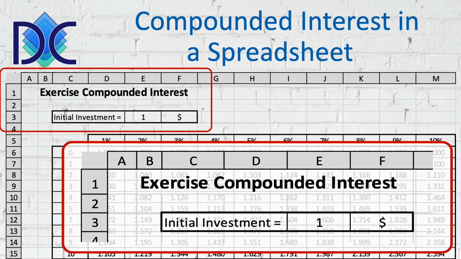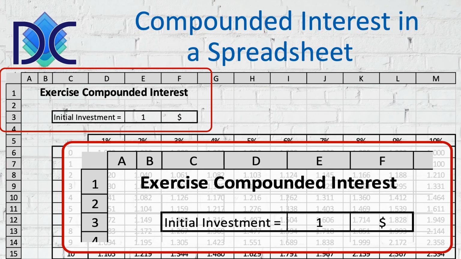So on line 3, column D, I find the name of the principal. It's not being used, it's just the indication. In E3, I have the value of the principal, and in F3, I have the currency. I can change that, of course, in dollar, euro, whatever you want. When I change the principal, the entire table will change.